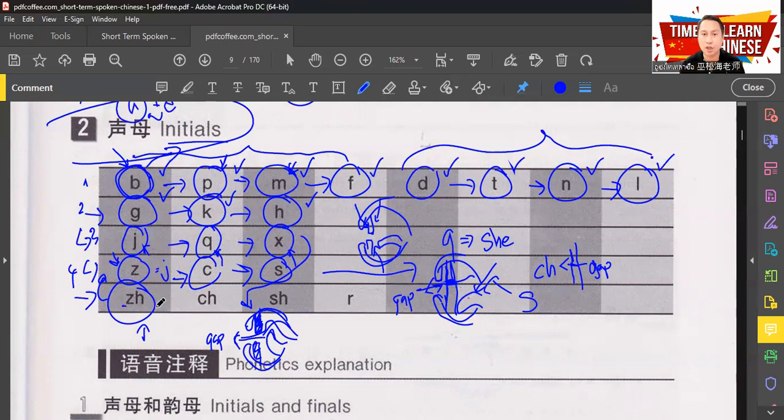Z and H is zh. Okay. For the next one, CH is ch. And the last one, SH. Oh no, it's not the last one. SH, we will accent like sh.